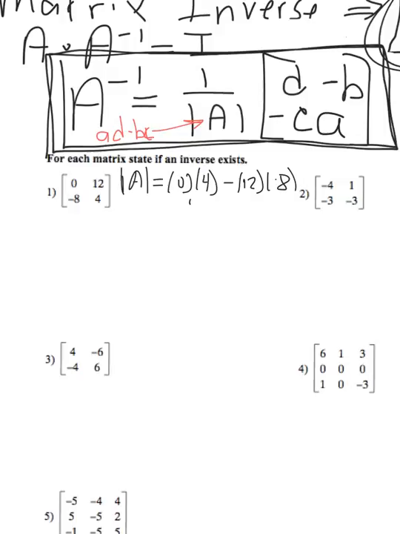Okay, so here we have 0 minus negative 96. So the determinant of this is 96.